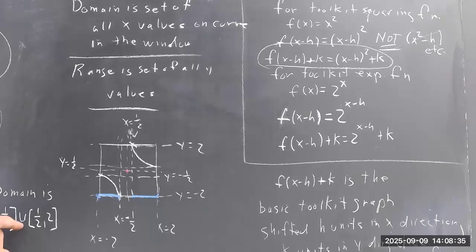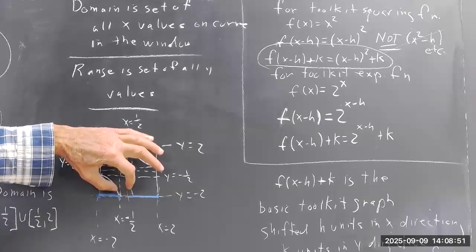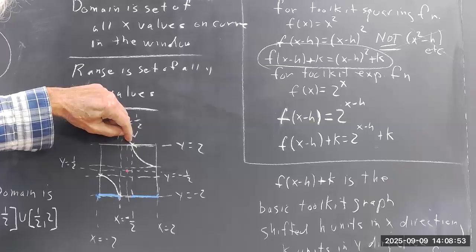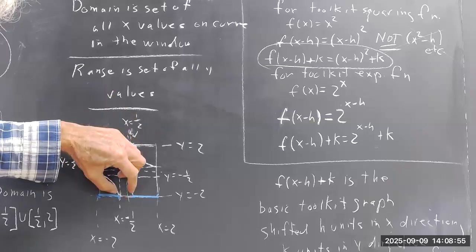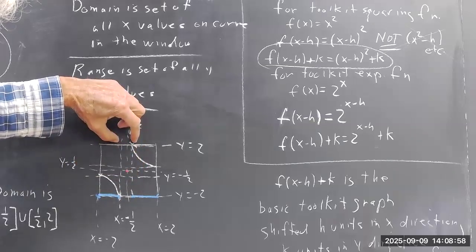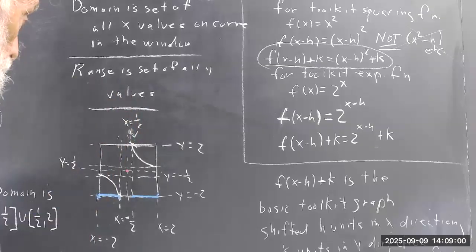It's this interval union with this interval. Union means if x is in this, then you're in the domain. If x is here, you're in the domain. Can't be both places at once. It's either here or here. If it isn't here or here, it's not in the domain. Why? Because there are no points on the curve between x equals -1/2 and x equals +1/2.